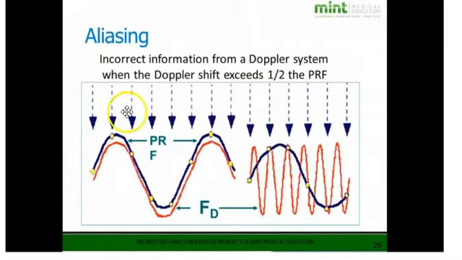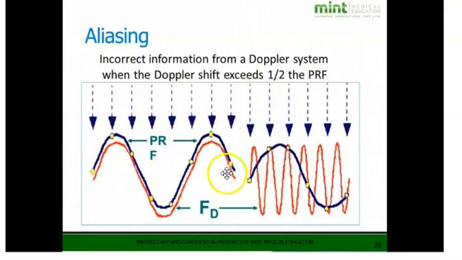Basically, we need to sample our Doppler signal at least 2.5, at least 3 times per wave. If we don't sample at least 3 times per wave, then we can't tell what direction our Doppler is going in. So, for example, here we're sampling this wave as many times as we need to correctly identify it.